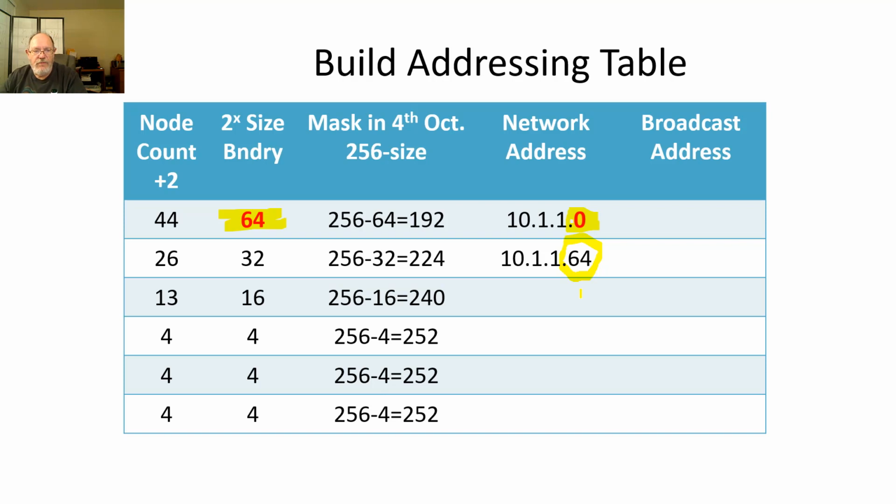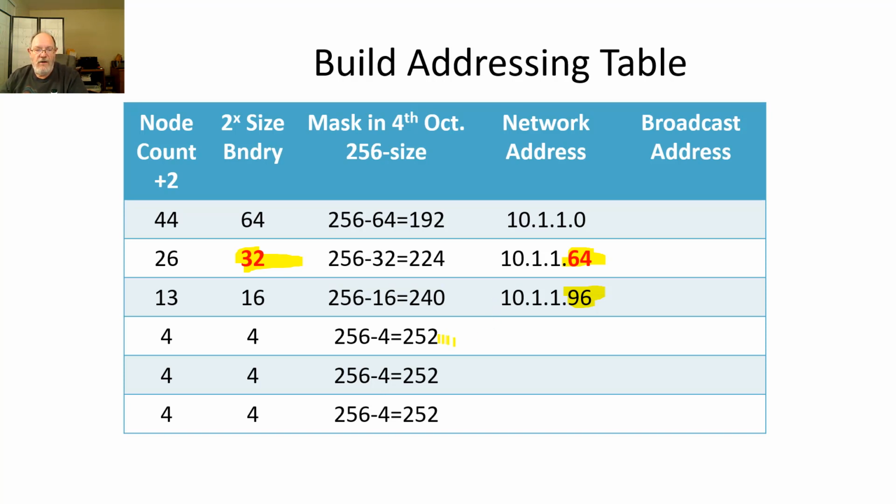If we continue that process for our third network, we combine the size of the second network with its network address. 32 and 64 produces 96. That becomes the network address of the third local area network.